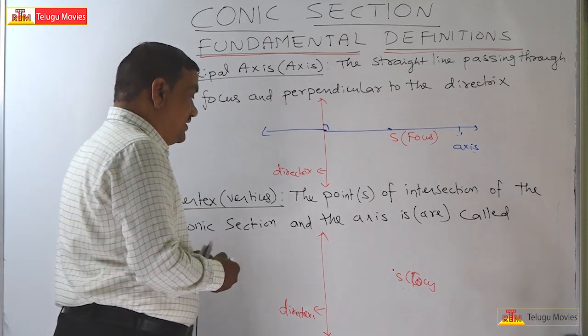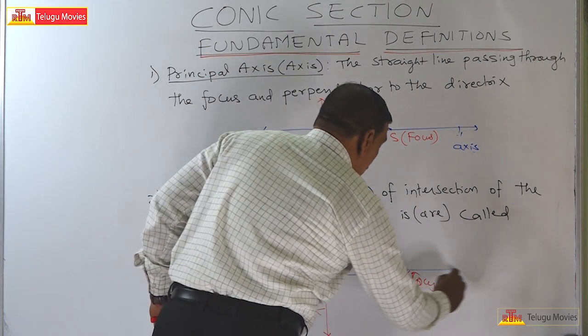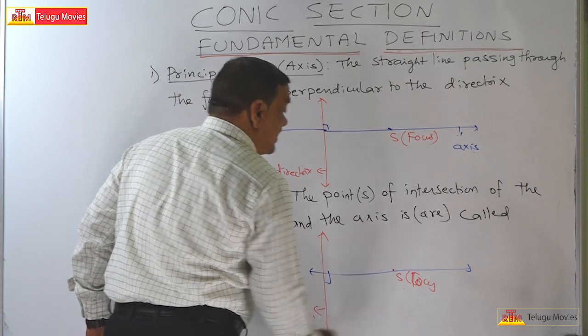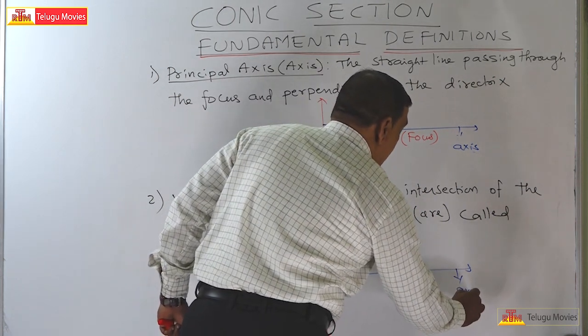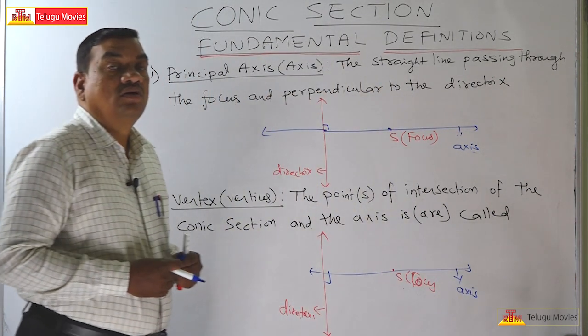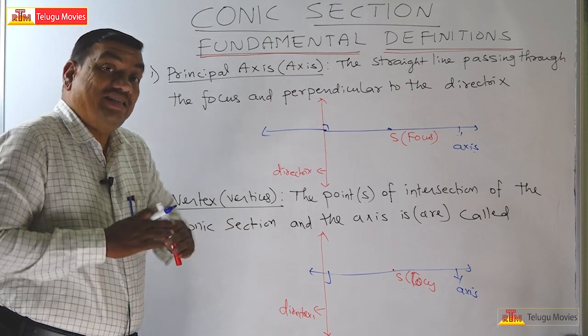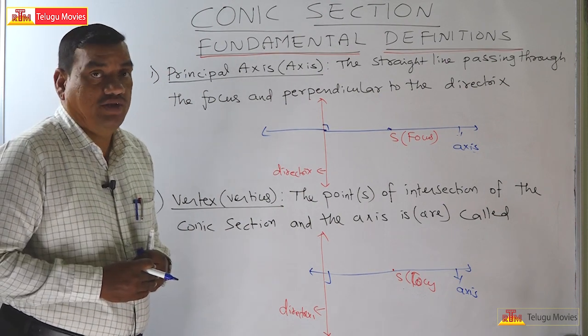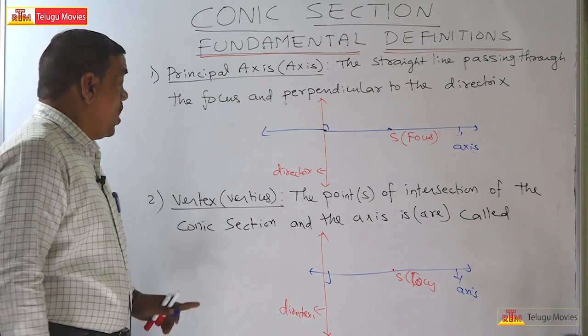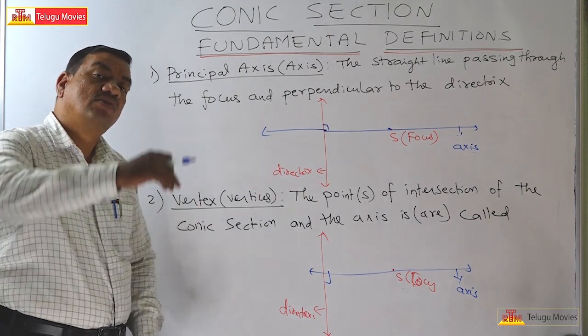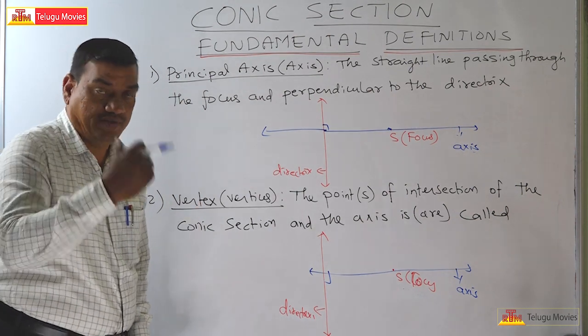And the line which passes through the focus and is perpendicular to the directrix we are calling the axis of the conic, or clearly, the principal axis of the conic. Understand?